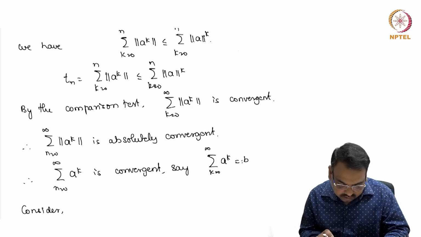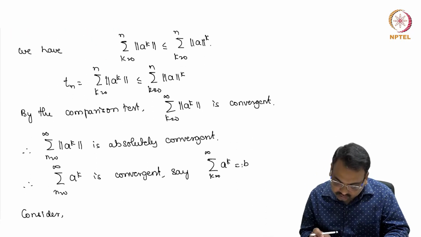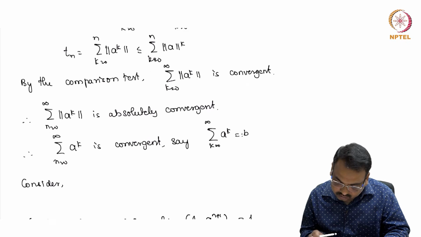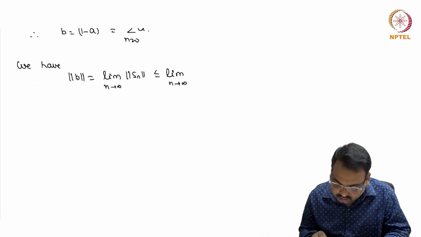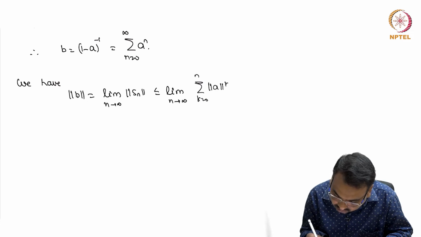We have already computed norm Sn: it is less than or equal to summation k equal to 0 to n of norm a power k.